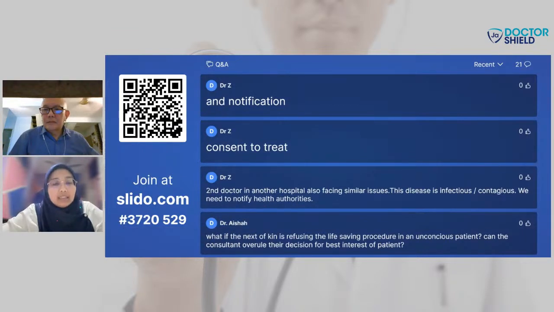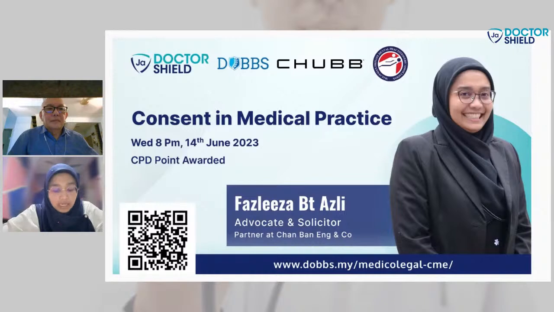As per what I highlighted, in the event that consent was not properly obtained, there's always a possibility where the consultant will be sued for battery or assault, because at the end of the day, I did not give consent for you to give treatment and infringe my body, although in this case it is my kids, and that's where I decided.